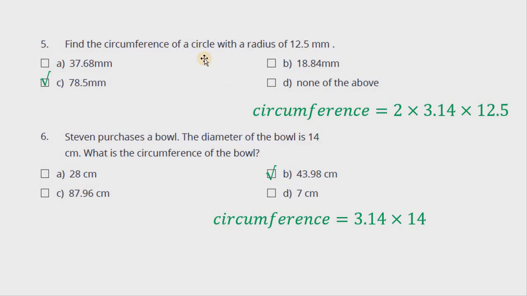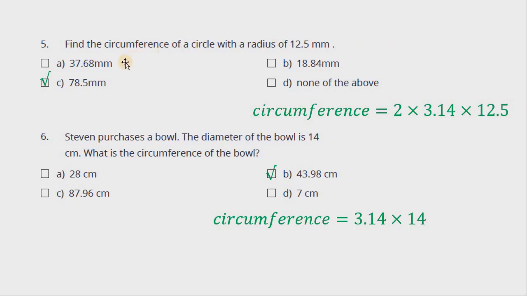Question number 5 asks you to find the circumference of a circle with a radius of 12.5 millimeters. So the radius is given, and I'm using the formula 2 pi r. You see, I'm using pi as 3.14, because the question does not mention the value of pi I should use.